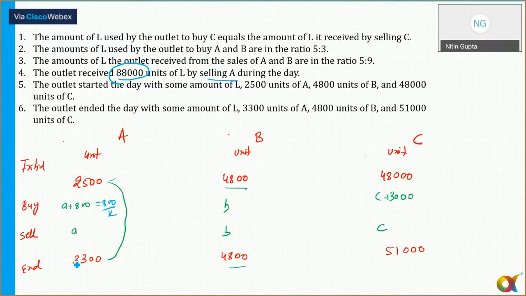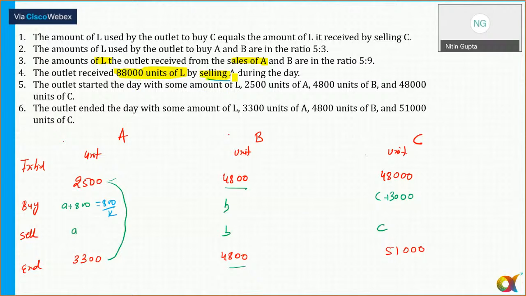Now, again, look at statement number 3. Statement number 3 says the amount of L the outlet received from the sales of A and B are in the ratio 5:9. By selling A, the total amount is 88,000 units of L. Yes or no?